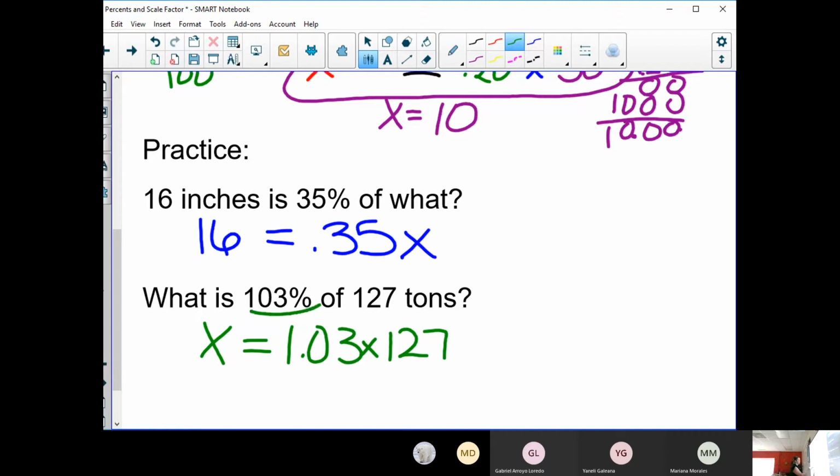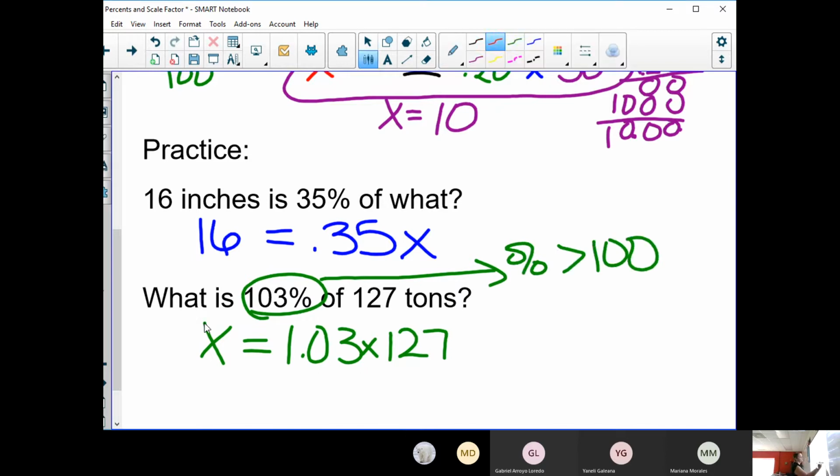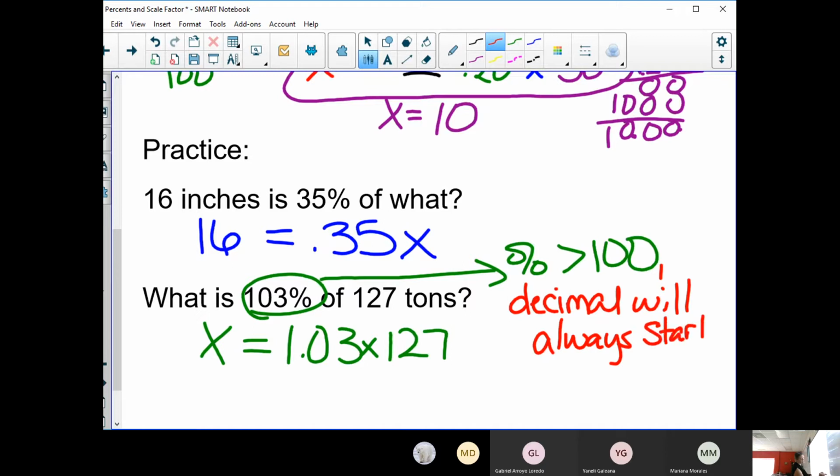So a good rule of thumb, if our percent is greater than 100, its decimal will always start with 1 point something, okay? Like 1.03, or 1.25 if it's 125%.